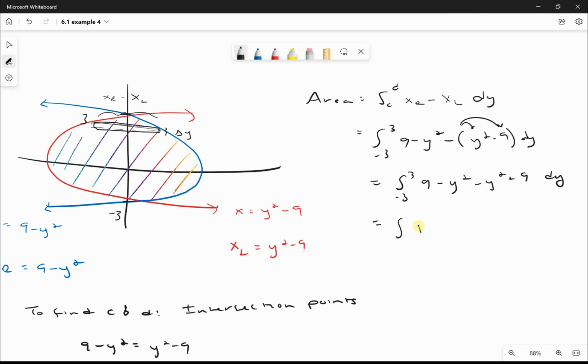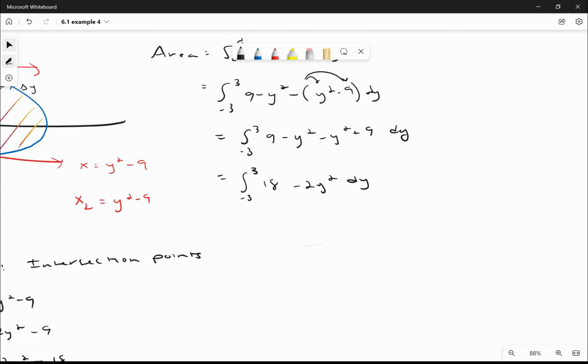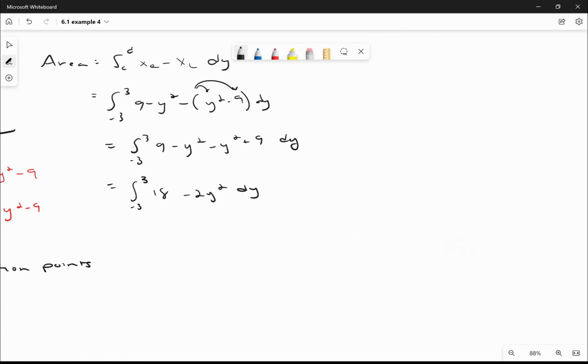And this is the integral from negative 3 to 3 of 18 minus 2y squared dy.